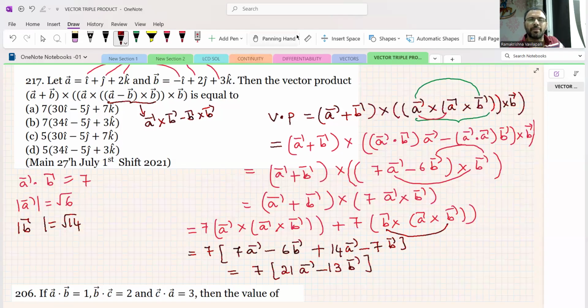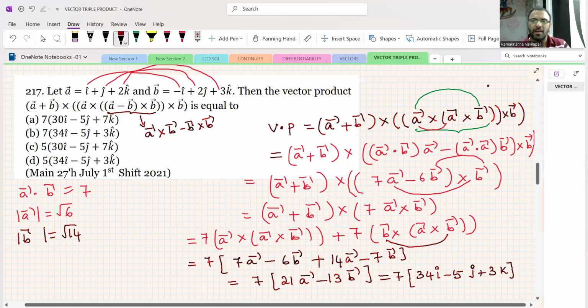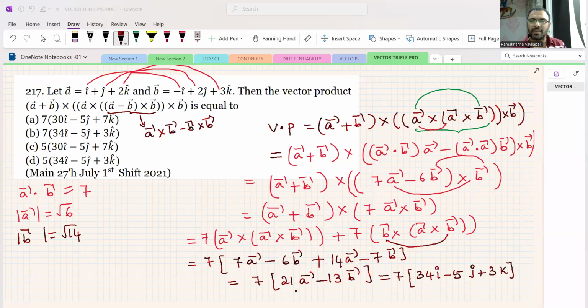Now it is so simple. Okay, I have just simplified the entire expression and substituting A bar and B bar vector, you will get the answer 7 into 34i minus 5j plus 3k.